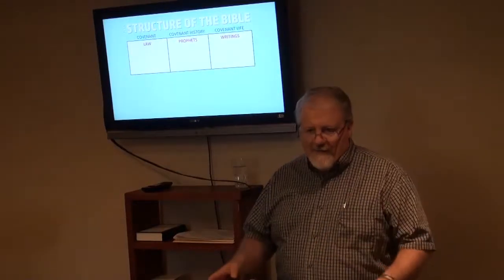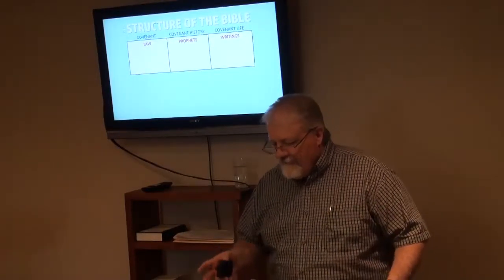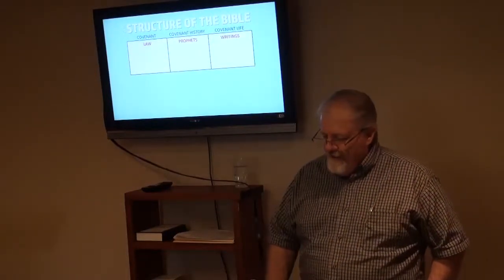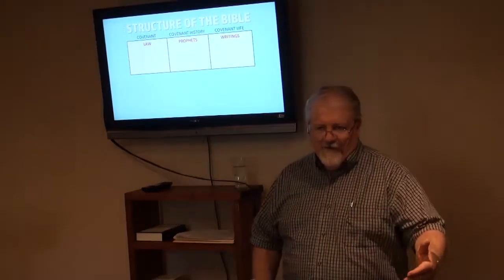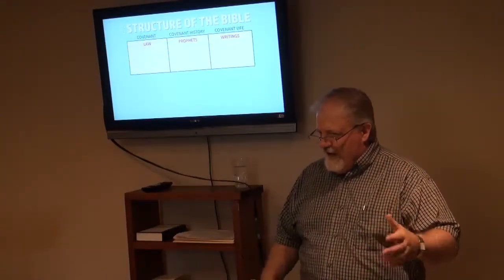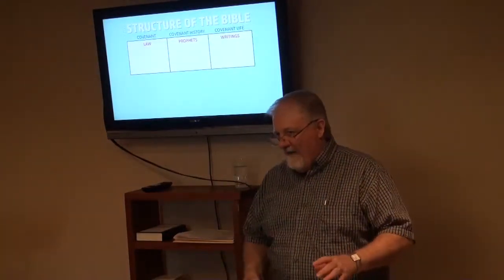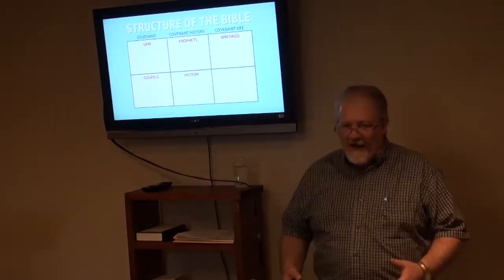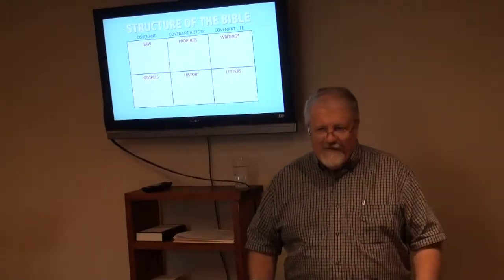Now, if the New Testament books are a covenant document, and I'm going to prove to you that they are, and it's similar to the Old Testament, then there must be a three-section division arrangement as well. And in fact, there is. And so what we're going to do is put 3 boxes underneath, and we'll call this the New Testament.